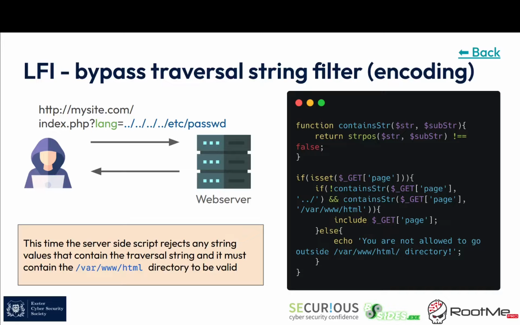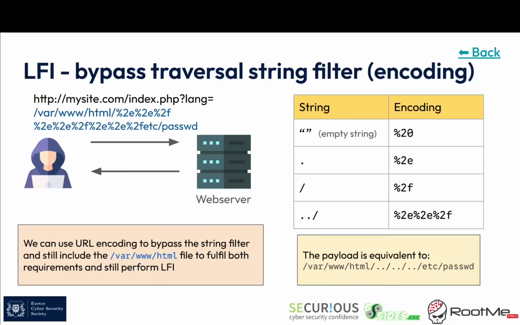Essentially, it's trying to get the page parameter. If it contains the // string, it rejects it outright. And also, it must contain the /var/www/html directory. So the developer is thinking that, well, if I force the user to include the folder, there's no way that they would be able to escape it.